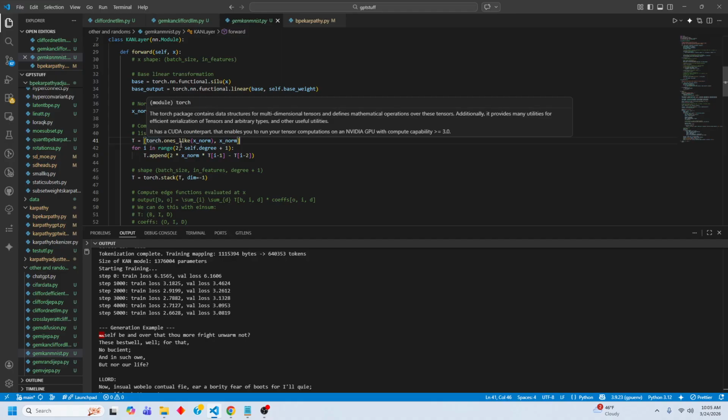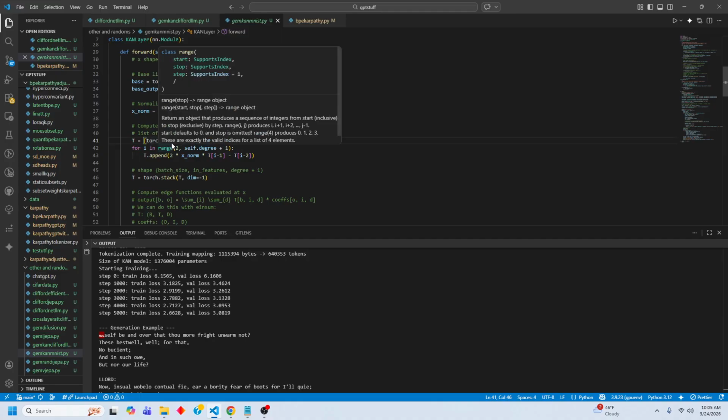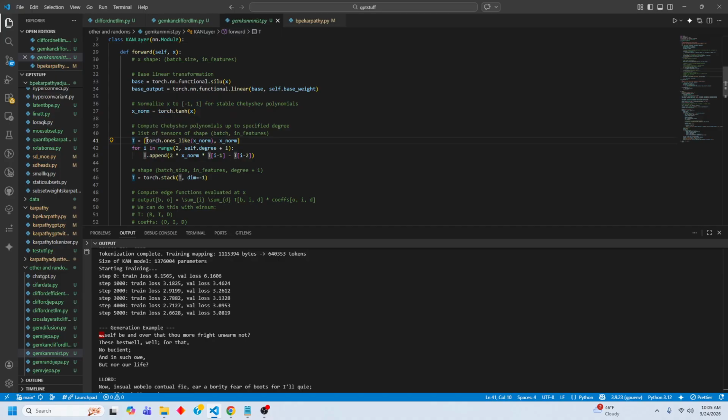So t is equal to torch.ones_like of x norm. This is in the shape of x norm, and these are all ones. The second part of the list is x norm. You could think of it as, this is x sum, and we need some a.